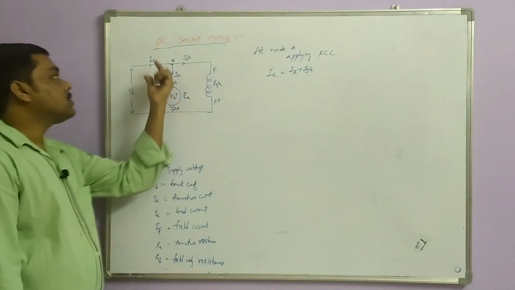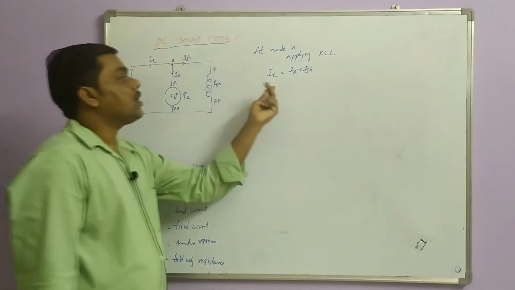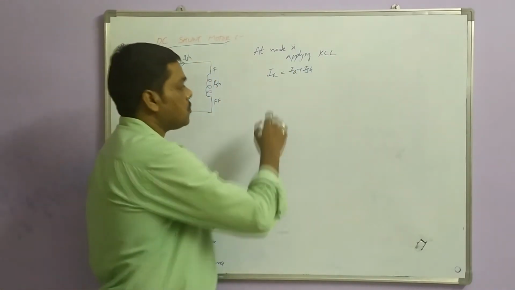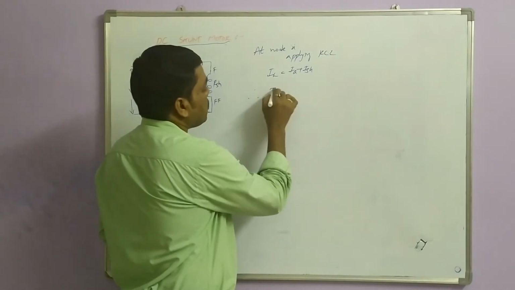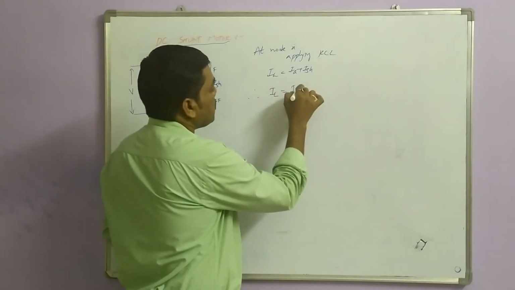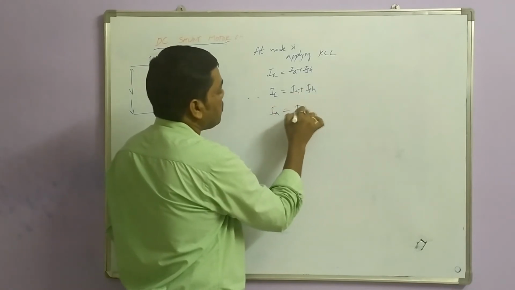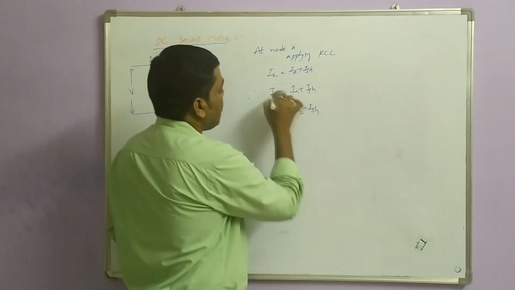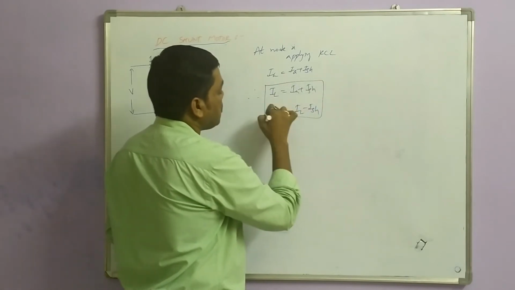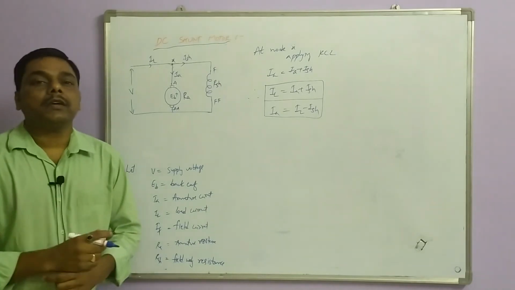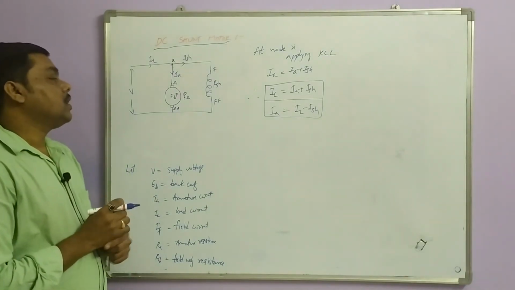Now load current is the higher quantity, so load current is the sum of armature plus shunt current. So IL is given by IA plus ISH, so that IA is equal to IL minus ISH. Now these are the two formulas we have to remember while calculating the numerical problems.